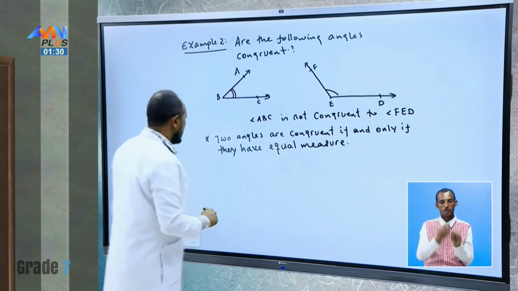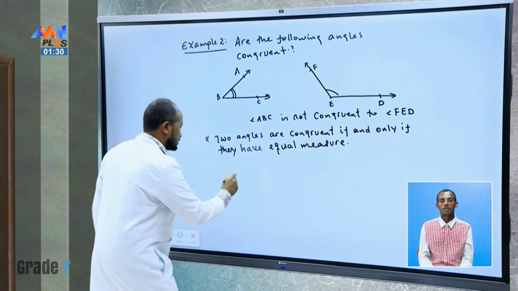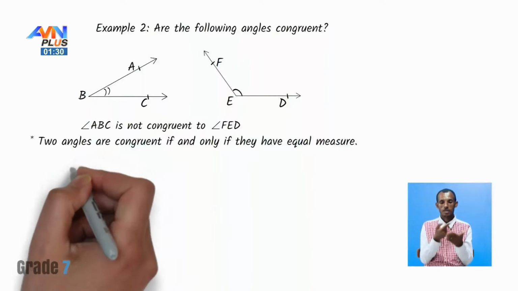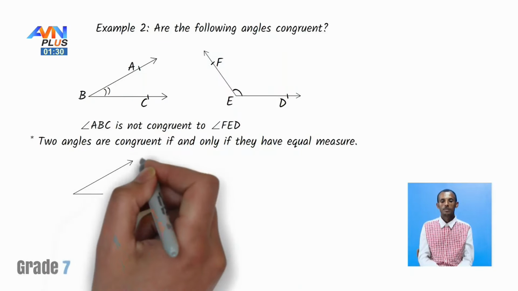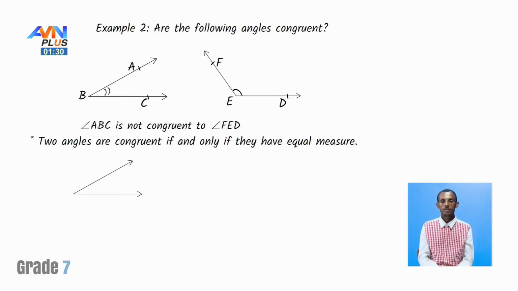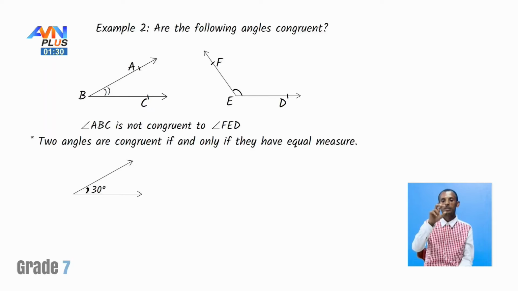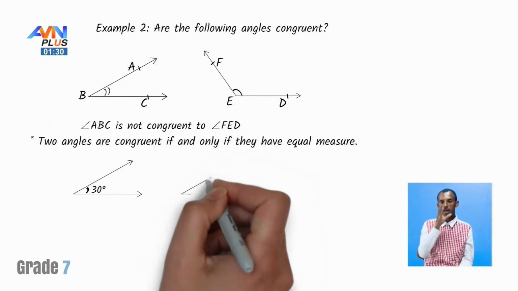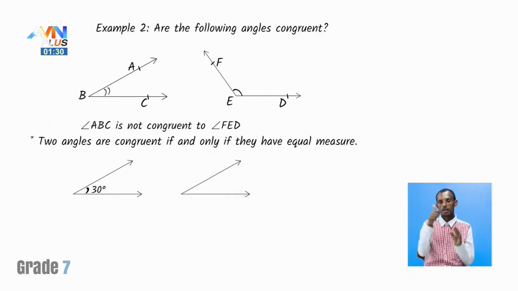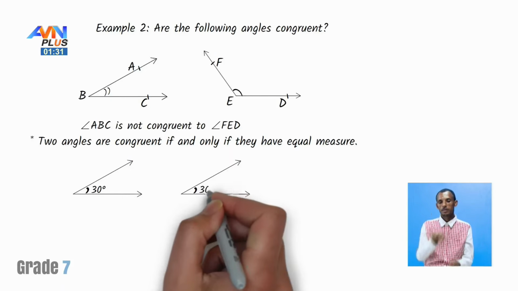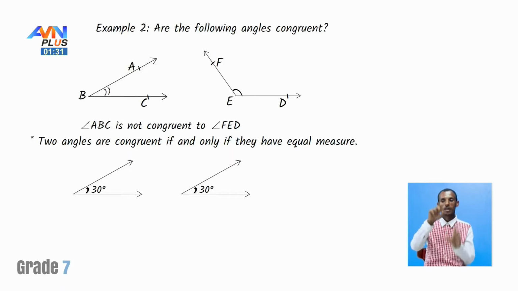So here, let's see this one. If you take this angle, assume this angle is 30 degrees. And again, let's take another angle here. Again, this angle is also 30 degrees.